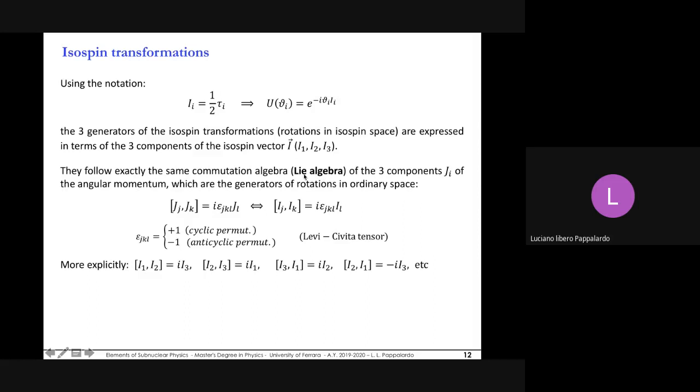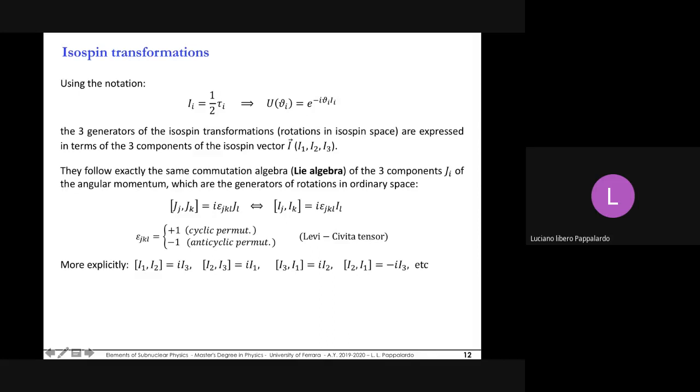I think the correct pronunciation is Lie algebra, which are the generators of rotation in ordinary space. So we have the same kind of commutation rules that we have already for angular momentum or for spin, where epsilon jkl is the standard Levi-Civita tensor, a totally antisymmetric tensor, and so explicitly you have this permutation rule for the various components.